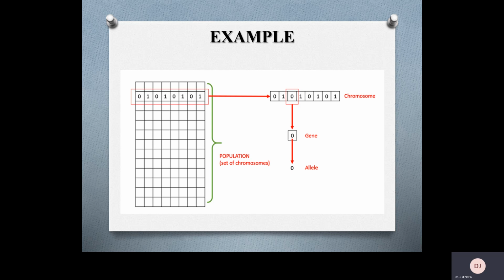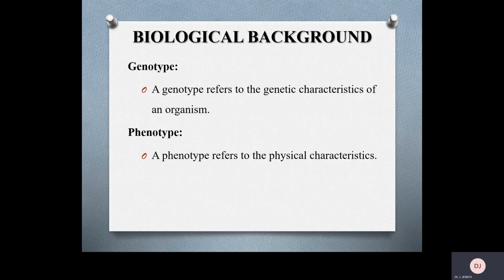Other than this, there are also two other terms which are used in genetic algorithm. First one is genotype and next one is phenotype. Generally, genotype refers to the genetic characteristics of an organism, whereas phenotype refers to the physical characteristics. I'll give one example.